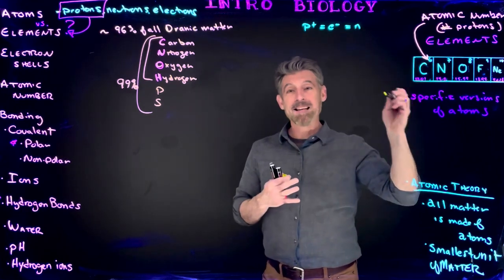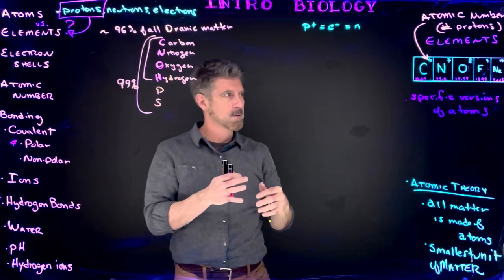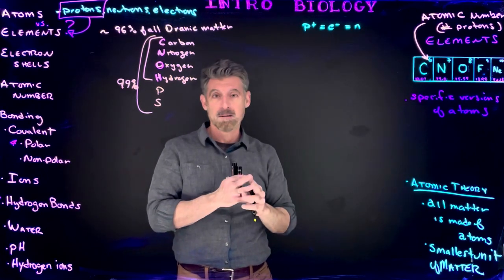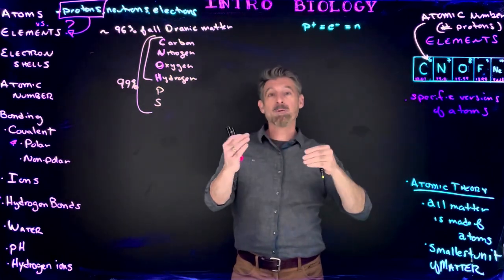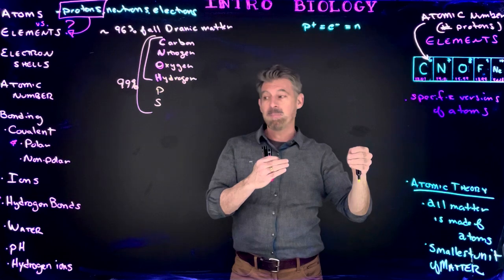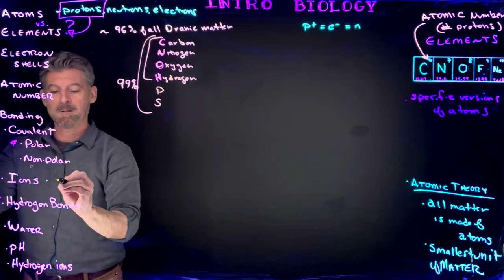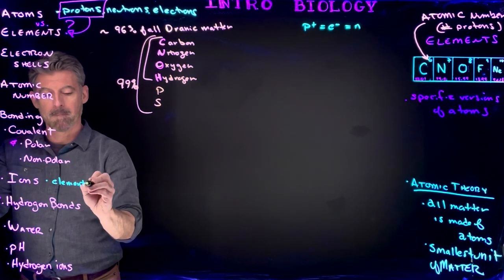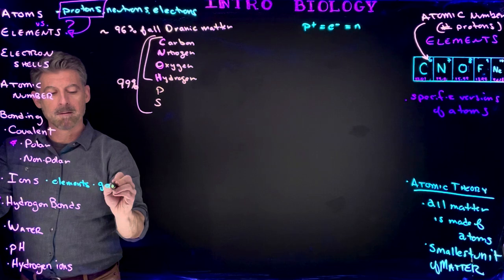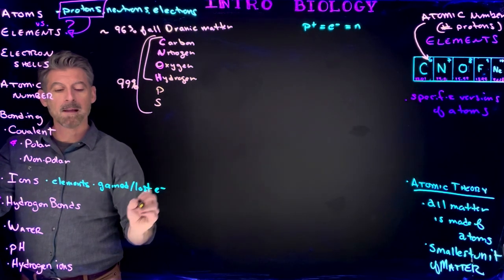So they should all be the same. But we don't define an element by the number of electrons. So if we say, oh, hey, here's an element with 6 electrons, so it must be carbon, that's not necessarily true. Because elements can gain or lose electrons and become something called ions, which we'll talk about. So these are elements who've gained or lost electrons.